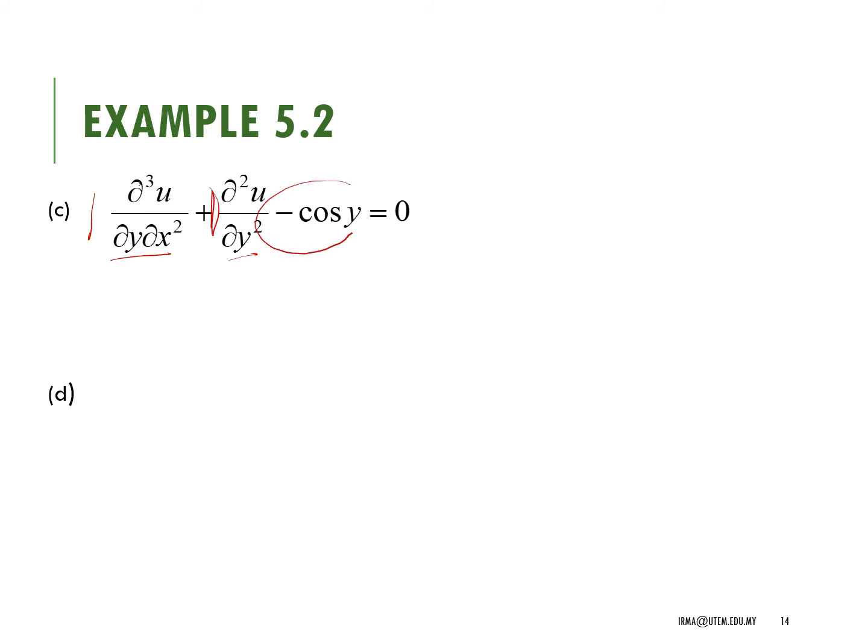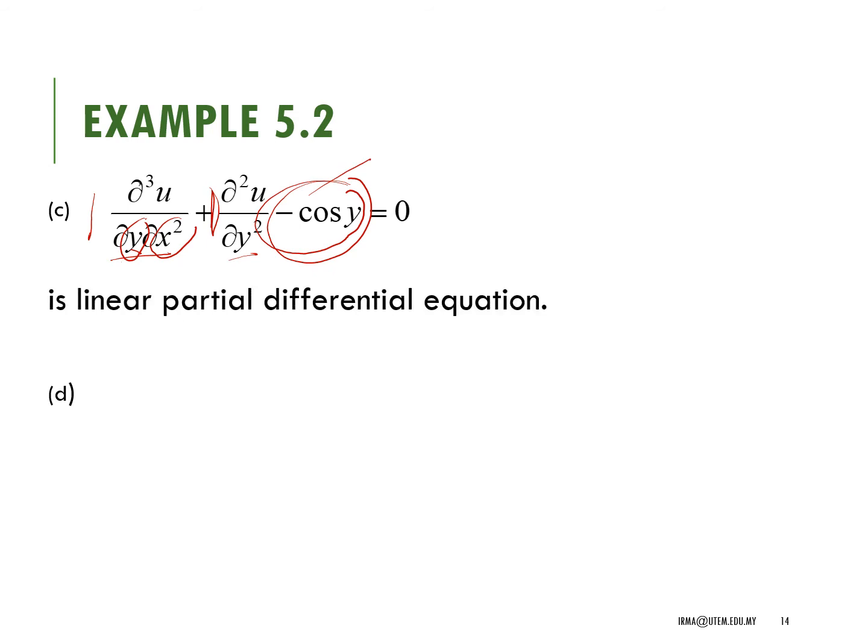The third term, you don't have any derivatives, but since this is a function of y, it's okay, because it's a function in terms of the independent variables. So we have the independent variables x and y. You can have any function, but make sure the function is in x and y only, so that we can call it a linear partial differential equation. So that is why the answer for C is linear.